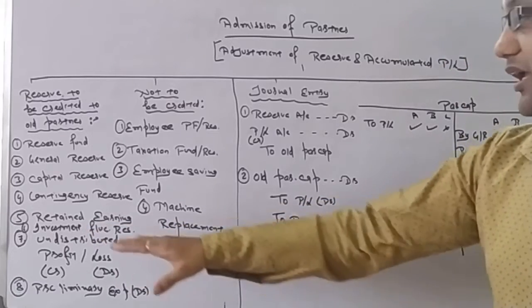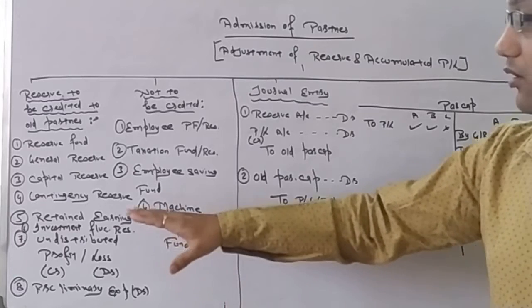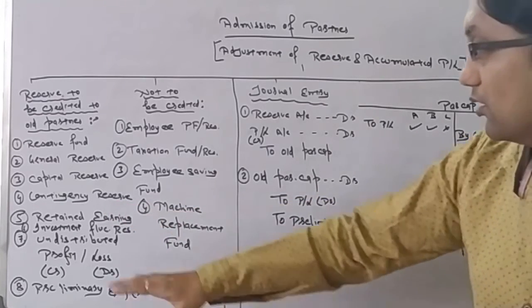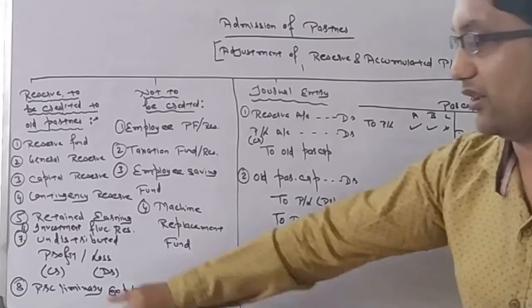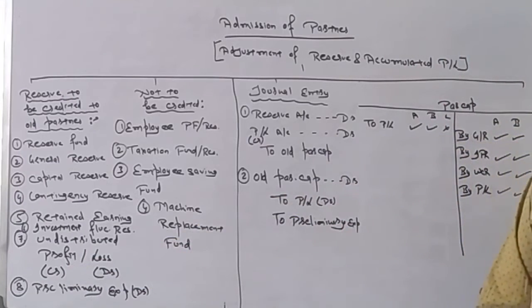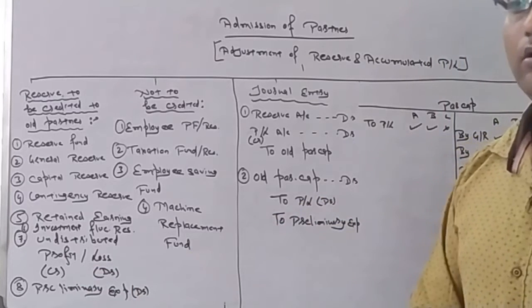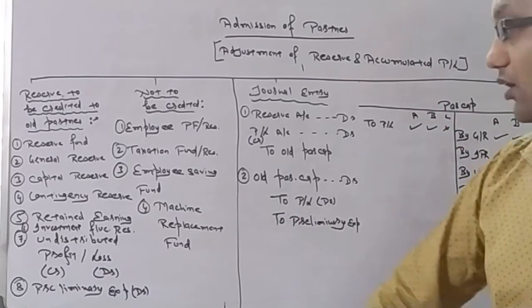Investment fluctuation reserve, workman compensation reserve, undistributed PL, that means profit and loss. If it is a credit balance, then it's a profit. If it is a debit balance, then it is a loss. Profit, partners have a right. Loss, partners have a duty that it will be paid by them.